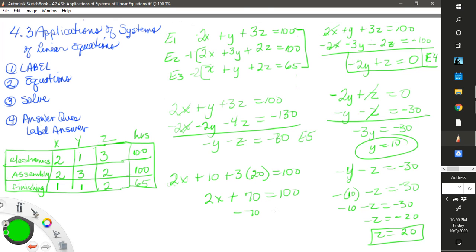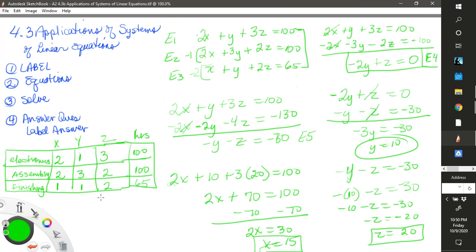Subtract 70 from both sides, and 2x equals 30, so x equals 15. We would then take these values for x, y, and z and sub them into each equation to make sure that we have found a solution that works for each. These answers do check out.